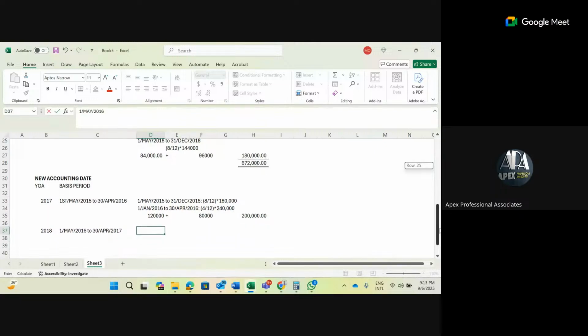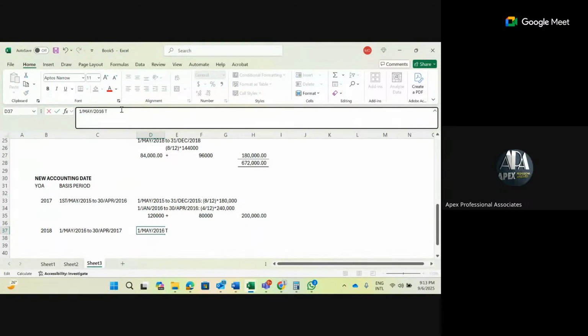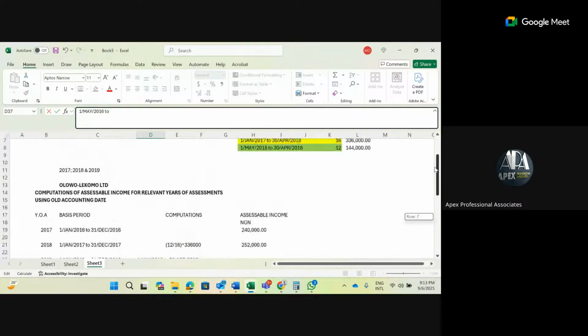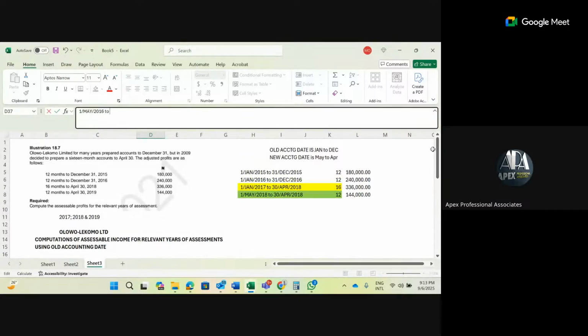So based on this analysis, it means I'm going to get 1st of May 2016 to 31 December 2016.